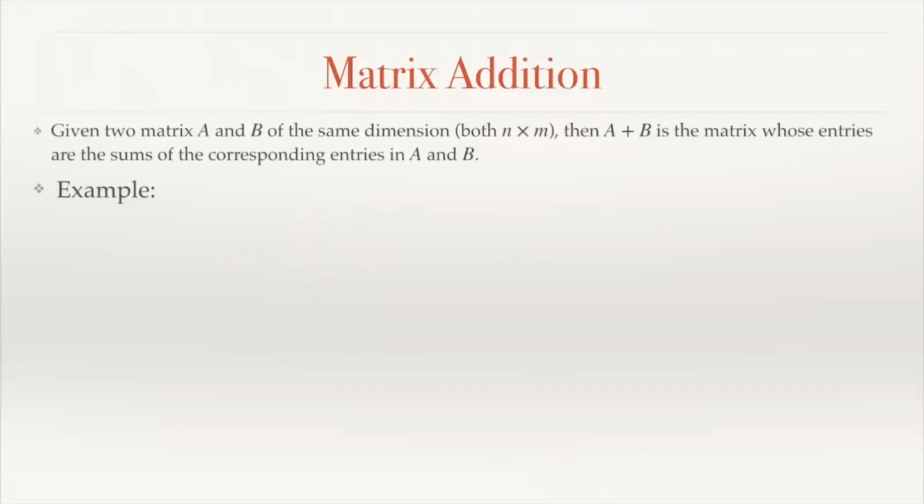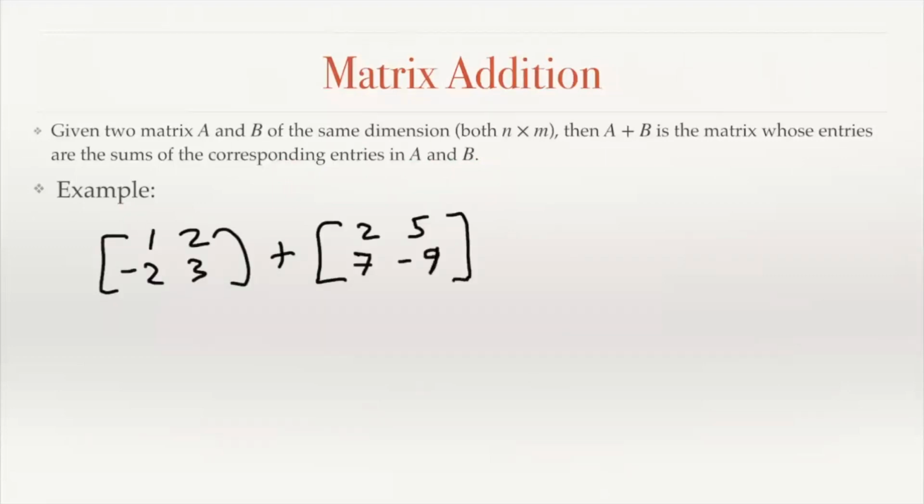And if two matrices are of the same size, we can also add them together. And adding two matrices together is adding together the corresponding entries in A and B. So for example, this matrix plus that matrix, all we do is we add together the corresponding entries. So 1 plus 2 results in a 3.